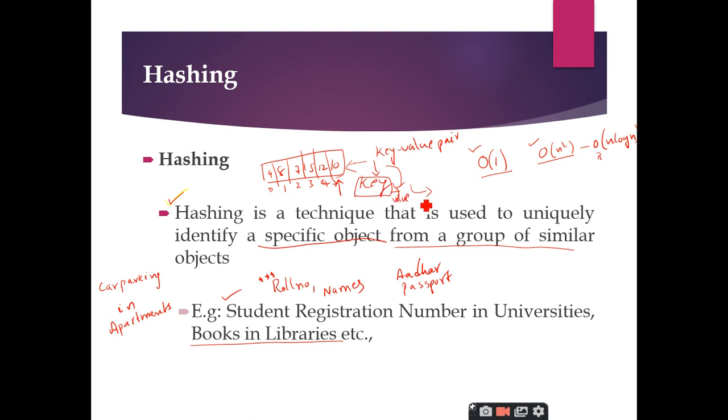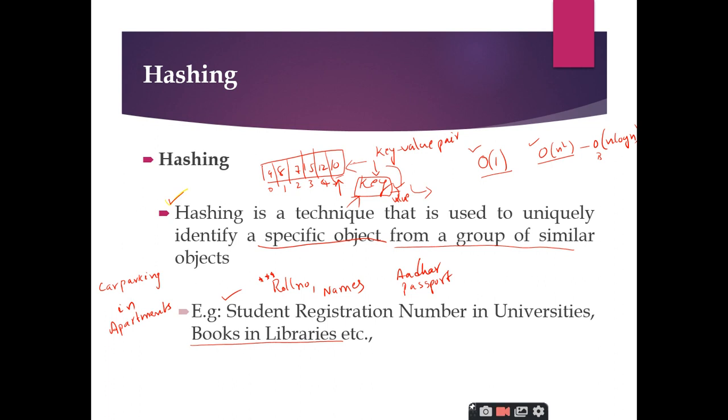So for the deletion operation, there is no need to go for the search operation, linear or binary search. You have the key, you can directly access that location, then you can delete it directly. Remember, all this explanation: first, what is hashing? Hashing is a technique to identify uniquely a specific object from a group of similar objects.